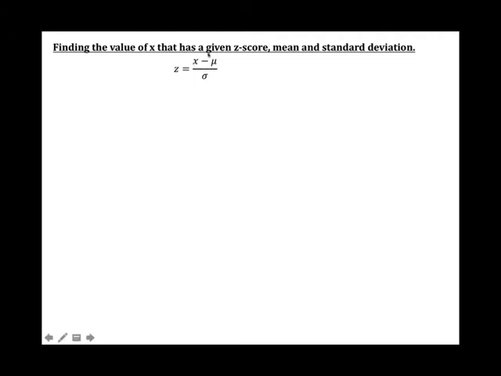So in this formula, I'll multiply the standard deviation on both sides, simplify it, and then add the population mean to both sides. So this is going to be the new formula. If they give the z-score, you should be able to find the x.